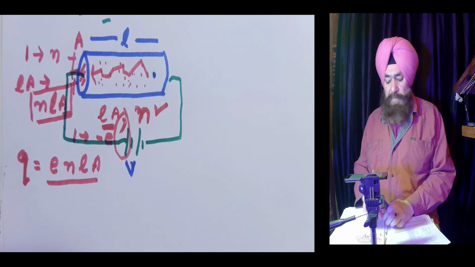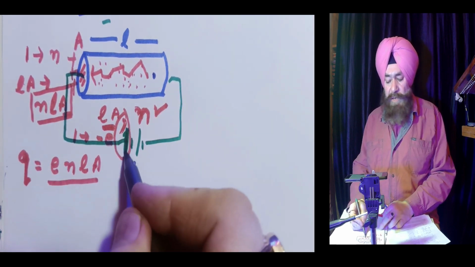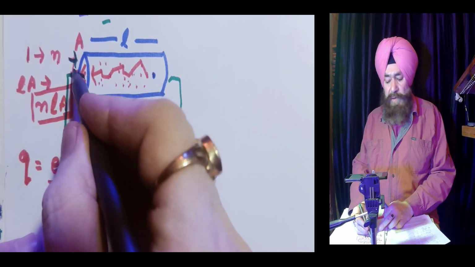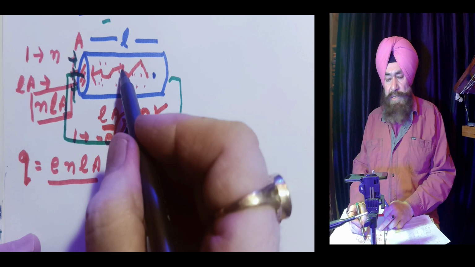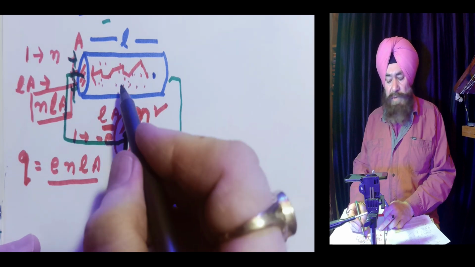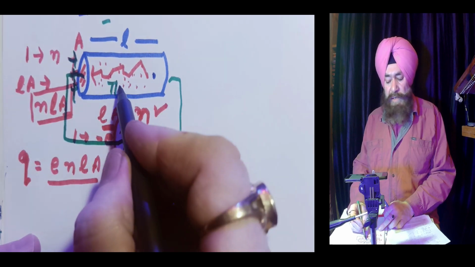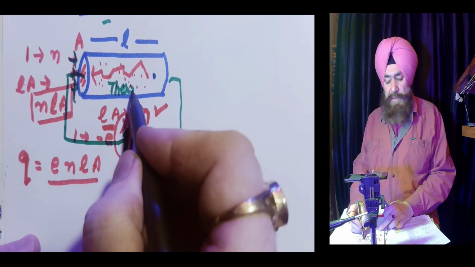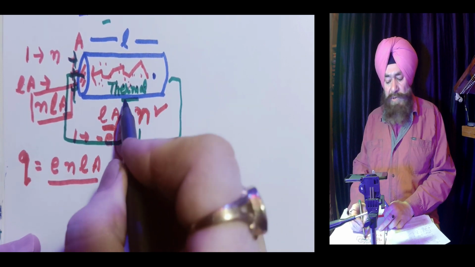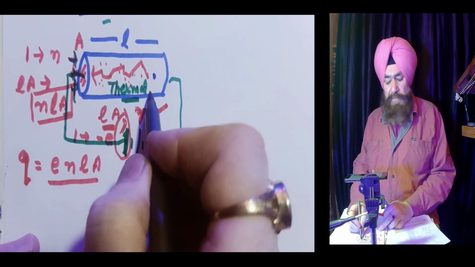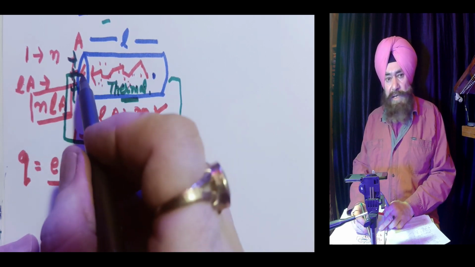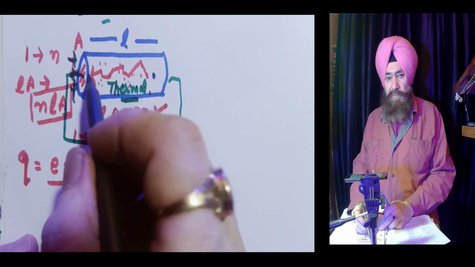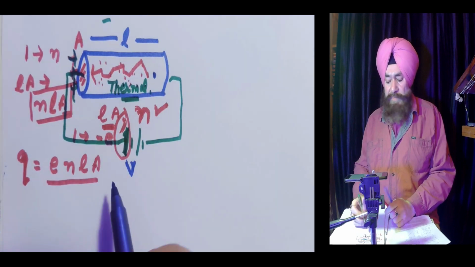But finally they are reaching towards the positive potential. Here it is positive potential. Why a zigzag path? Because there are thermal velocities. The electron has thermal velocity also, so it cannot follow a straight line.